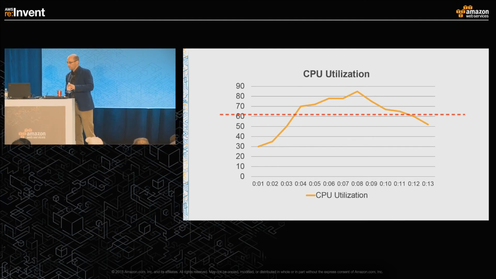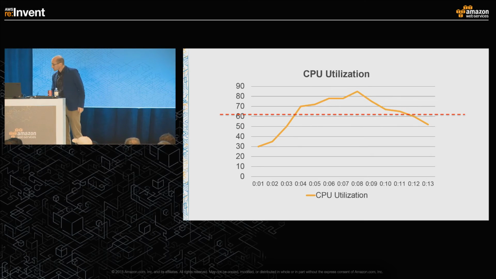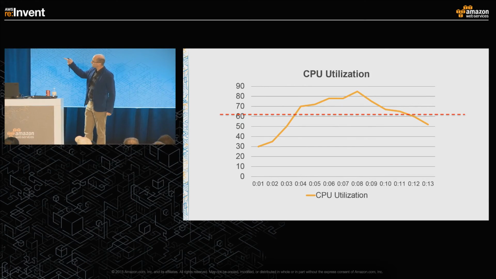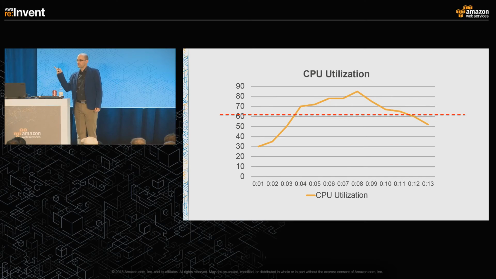Now let's look at a quick example to see how that behaves over time. I'm just covering CPU utilization. And I want to scale up whenever I'm at 62% or something like that. So CloudWatch will keep monitoring CPU utilization across my whole fleet.